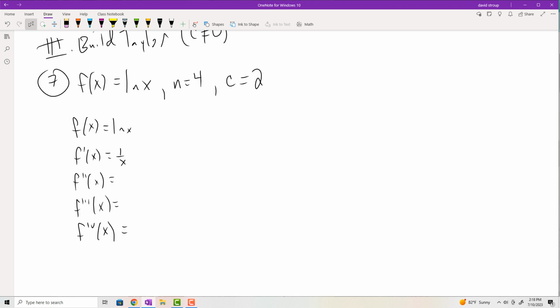This is 1 over x, but for the sake of my sanity, let's write it as x to the negative 1. Then negative x to the negative 2. I'm going to rewrite it as 3 factorial.